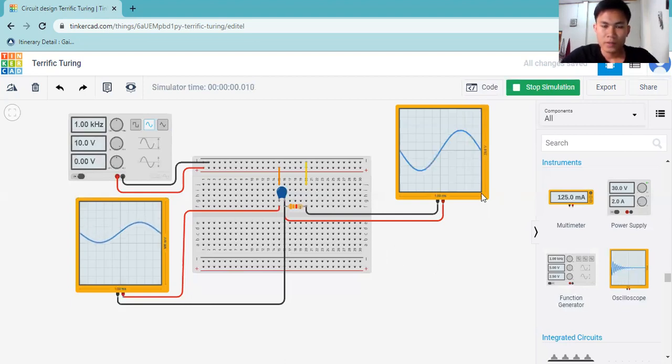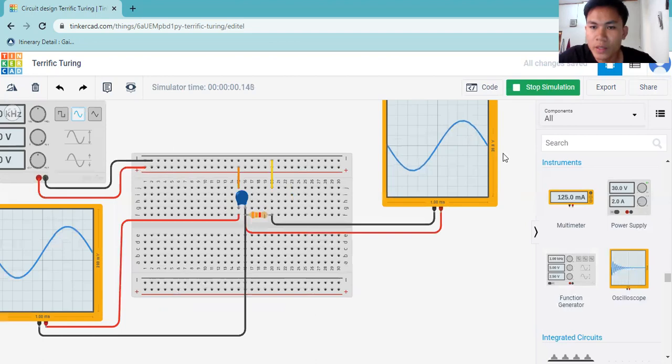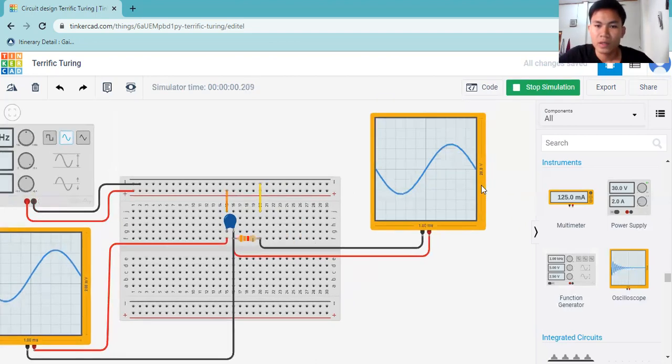Okay, this is the measurement of the voltage across the capacitor and the voltage across the resistor. Here the voltage division is 20 and the time per division is 1 millisecond.